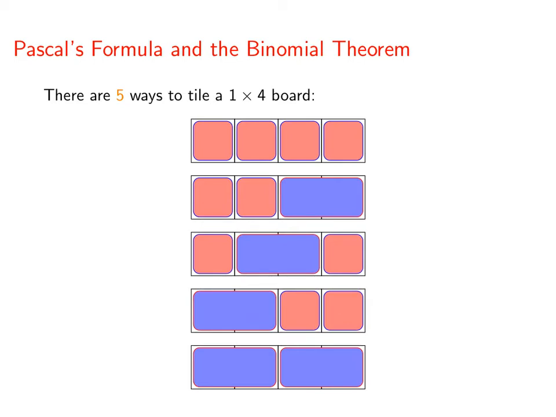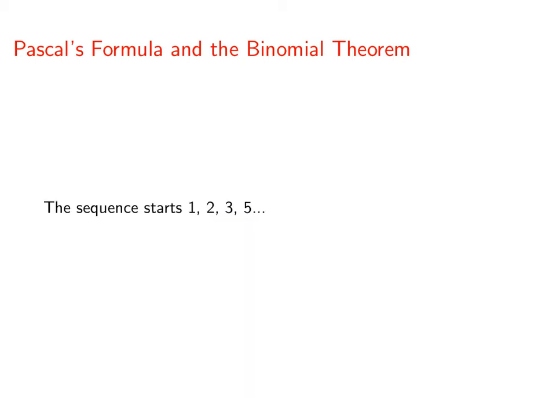Wait, what? That's right, there's 5 ways to tile a 1 by 4 board. 4 monominos, or 2 monominos in 3 different ways, or 2 dominoes. So wait, 1, 2, 3, 5.